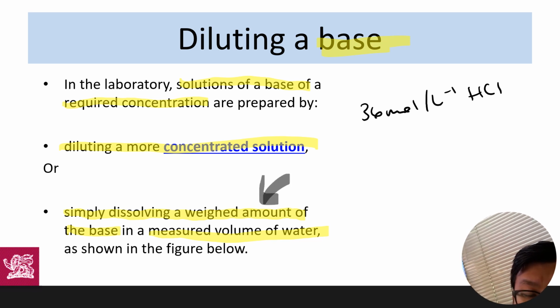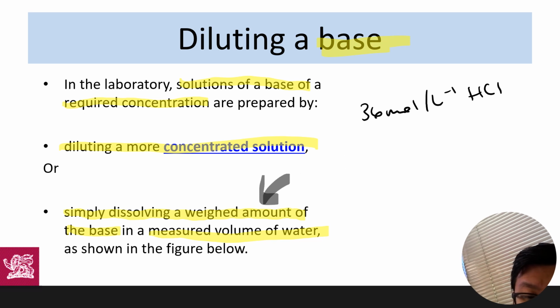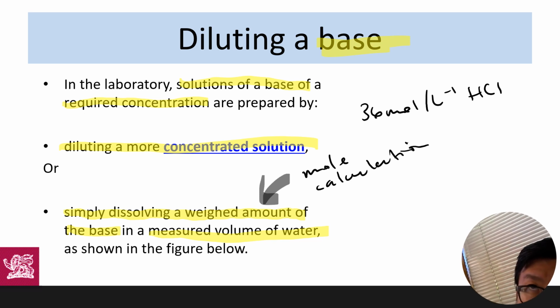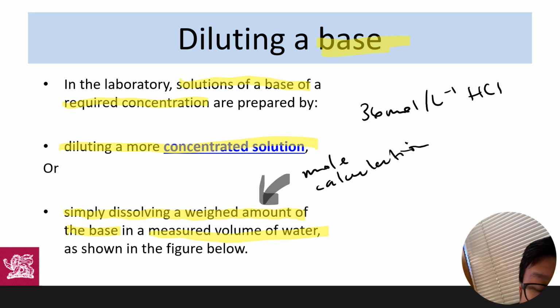So you would have to do a mole calculation so that you would know exactly how much of the base you would use, and then you would put that into a known volume of water.